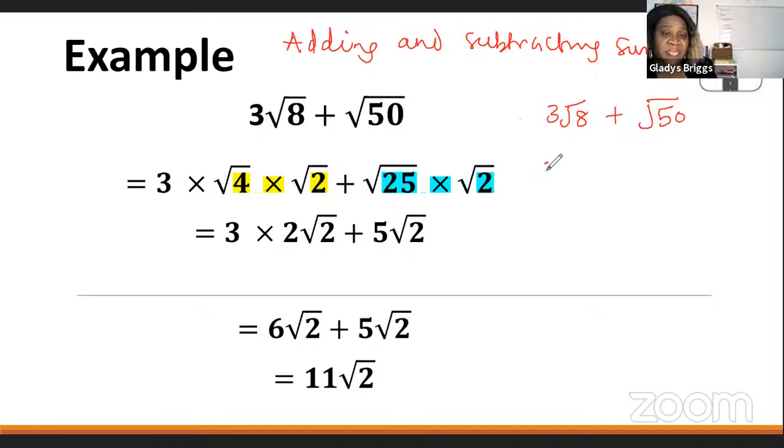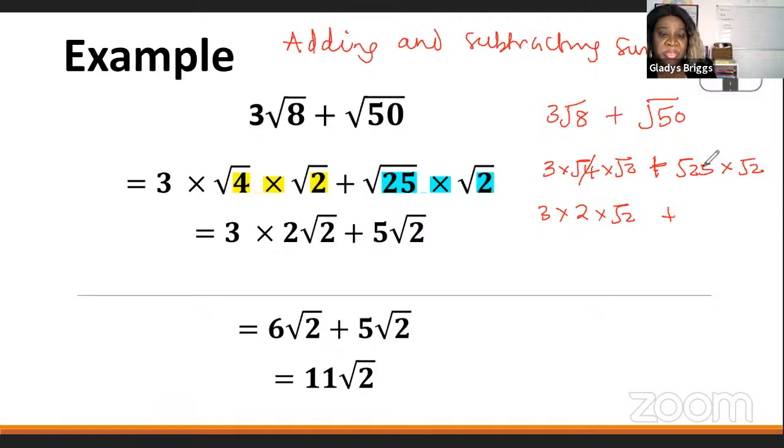So you can write this one as 3 times root 4 times root 2 for this one, and then add root 25 times root 2. Now this one would be equal to 3 times 2 times root 2.